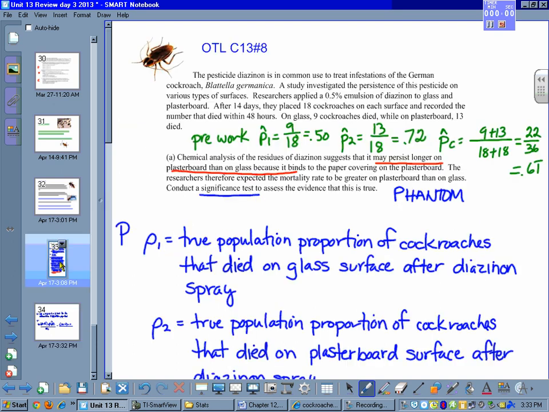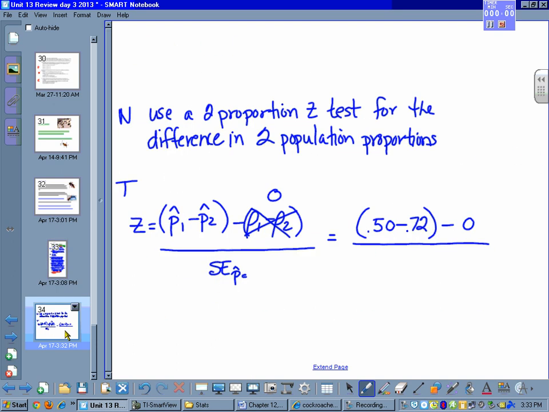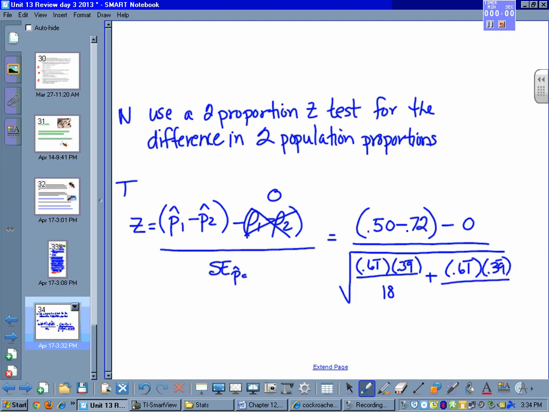And my p hat combined was 0.61 repeating. So I'm going to have to divide this by 0.61 times 0.39 over 18 plus 0.61 repeating times 0.39 repeating over 18 also. And actually it's 0.3 repeating, so this should be an 8 up here if I'm going to do the repeaters.